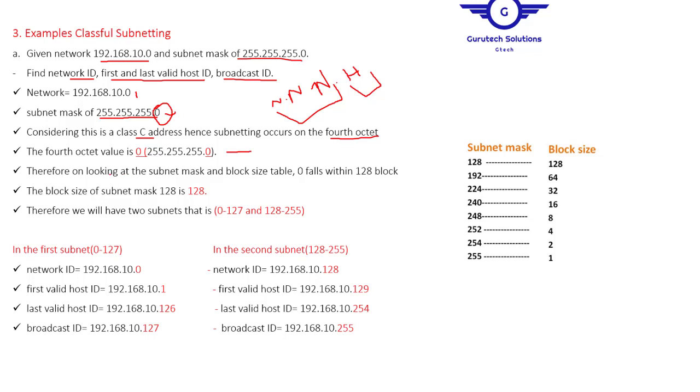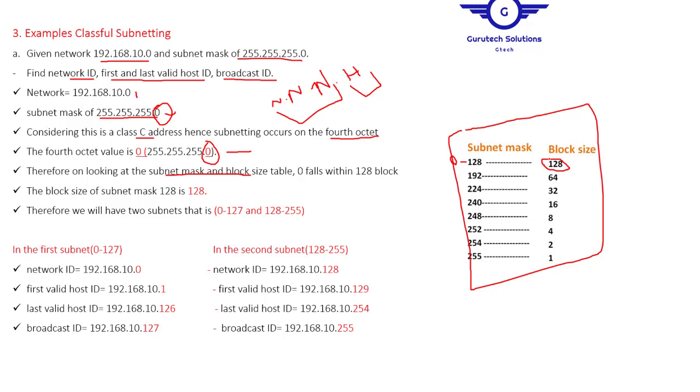So on looking at the subnet mask and block size table, which I told you is a very, very important table during subnetting, we see that the last value falls within 128, because this is like from 0 to 128. So this 0 falls within 128, and now the block size will be 128.